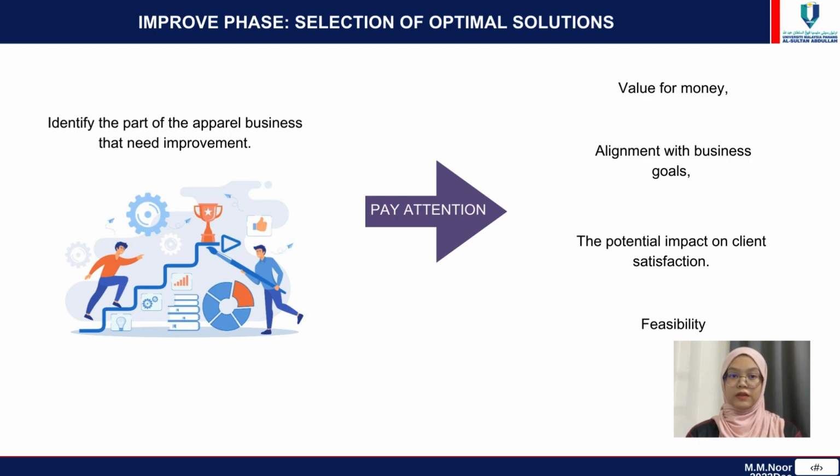Encourage innovative and daring approaches to address those concerns. We also set predefined criteria for assessing potential solutions and pay attention to aspects such as feasibility, value for money, alignment with business goals, and the potential impact on client satisfaction.